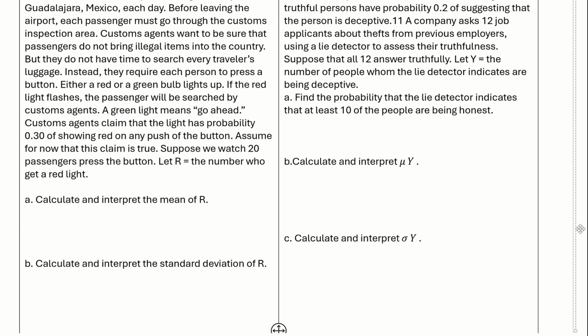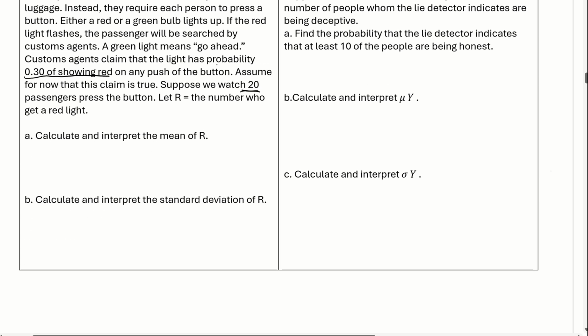If the red light flashes, they'll be searched. If it's green, they'll go ahead. The probability that the light is red is 0.30. Assume for now that this claim is true. Suppose we watch 20 passengers press the button. Let R equal the number who got a red light. Calculate and interpret the mean of R.